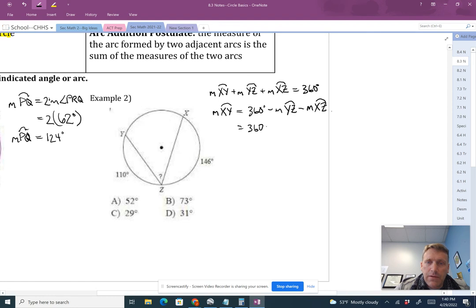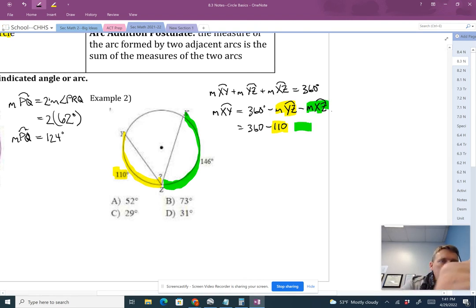And then we can just substitute those in. 360 degrees minus 110, that's arc yz, that's this one right here, it's 110. And then arc xz would be 146.